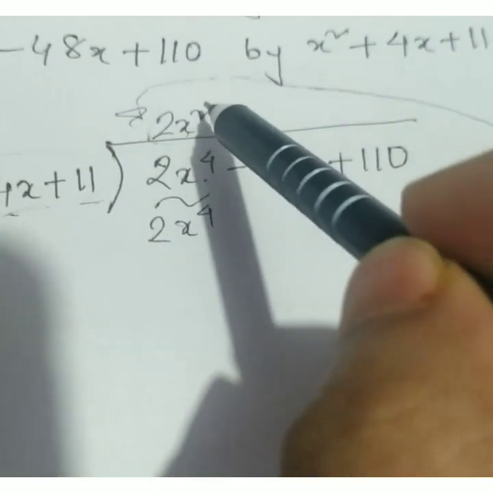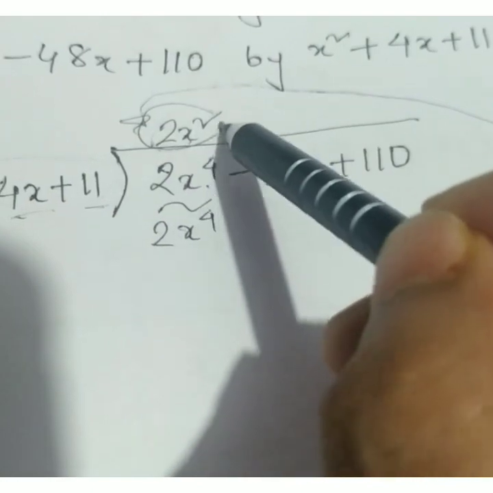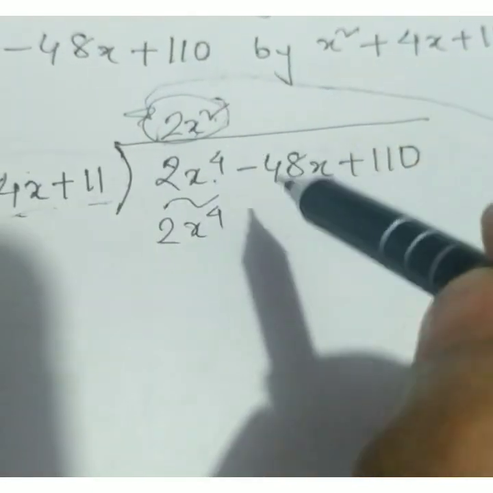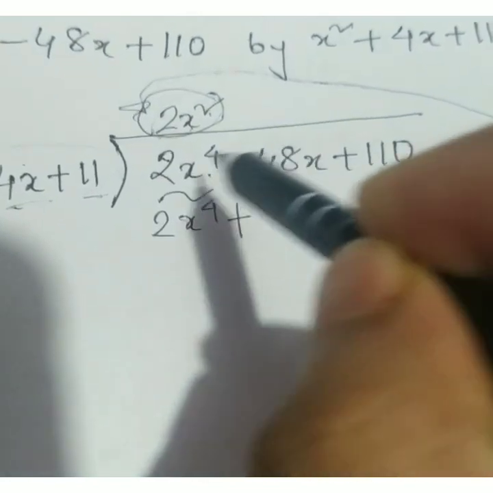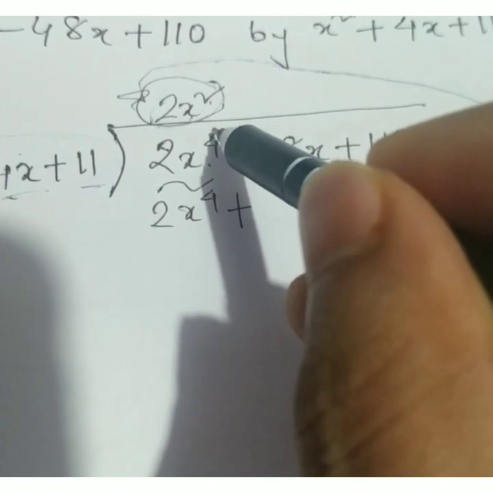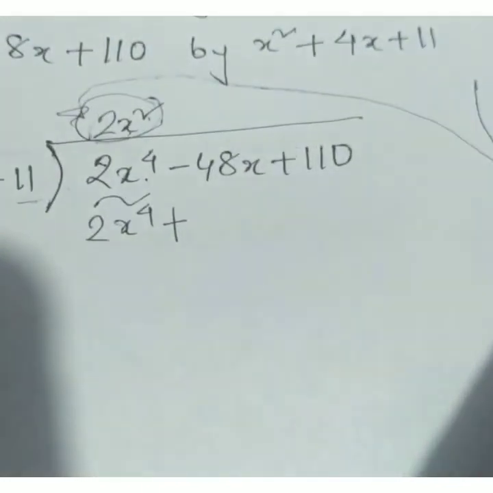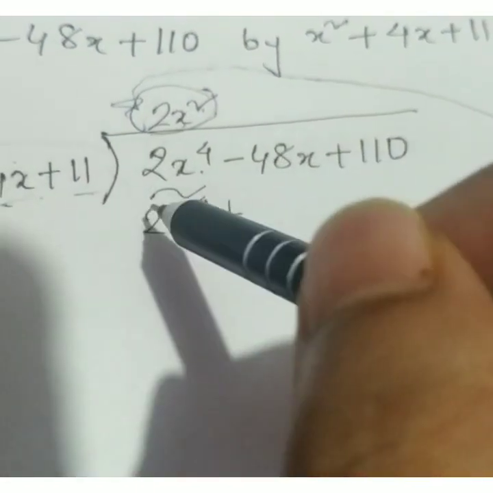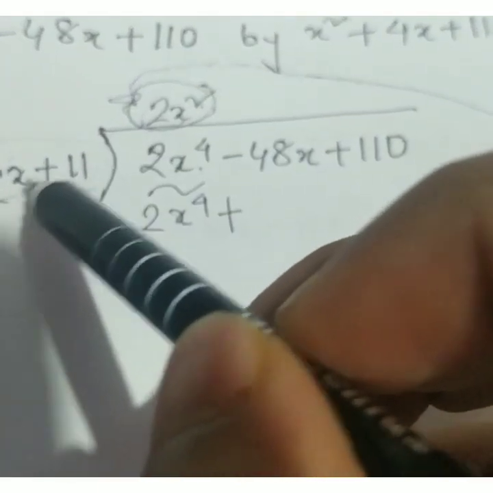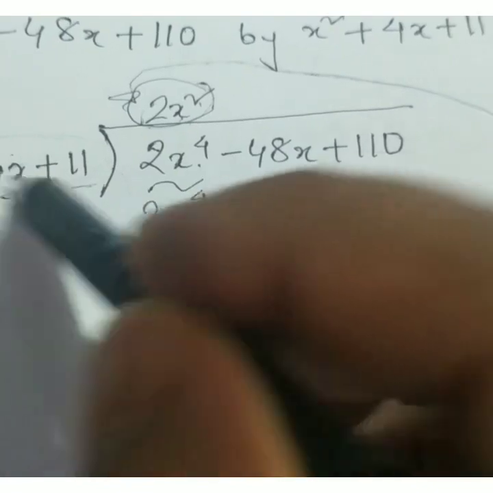So what you will do is multiply this 2x² with 4x. There is a plus sign as well, so we write the plus sign first. Forget about the rest; we will only consider this one, and then we divide and then we multiply. So 2x² into 4x is plus, first we put the plus sign.